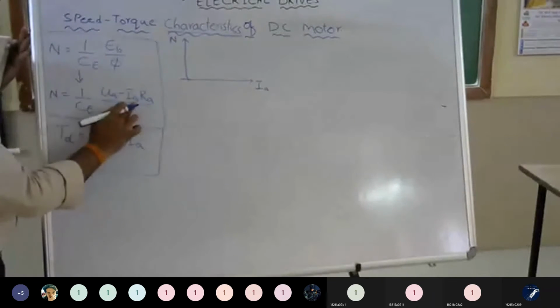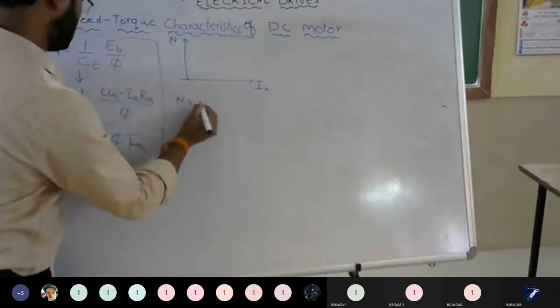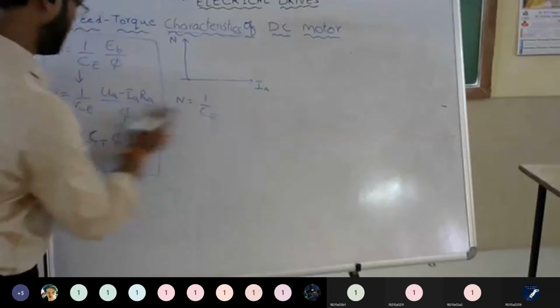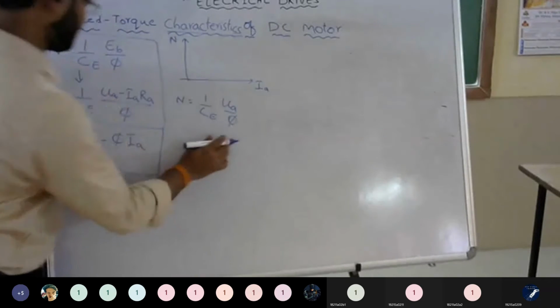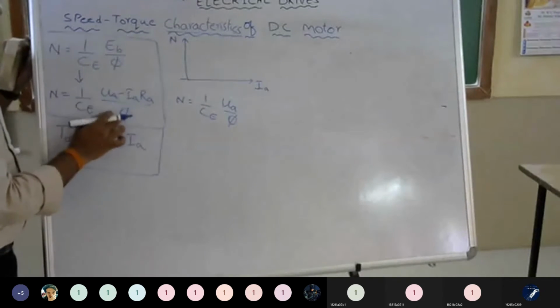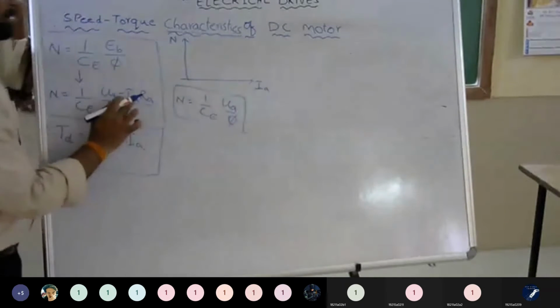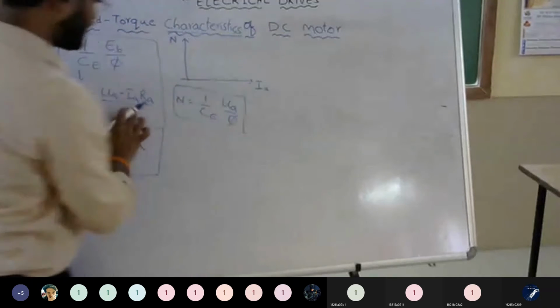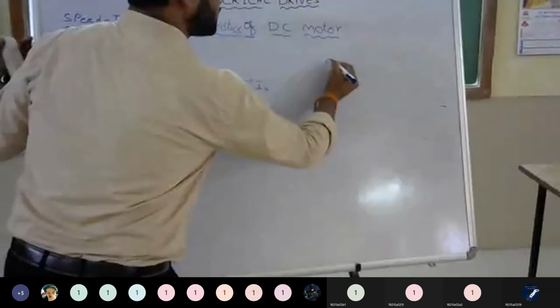So when IA is equal to 0, what will happen? Substitute IA equal to 0 in this one. N is equal to 1 by CE into UA by flux. So IA is equal to 0, so UA by flux. When IA is 0, we already know this is the DC motor.